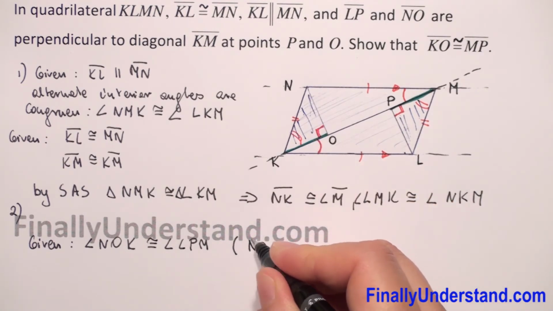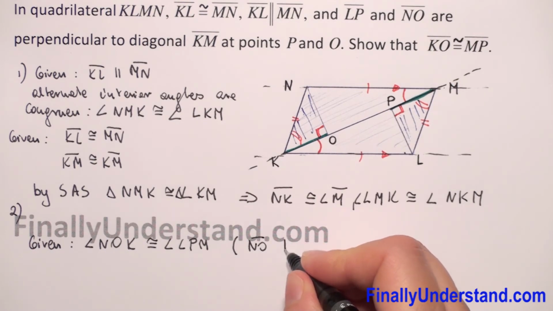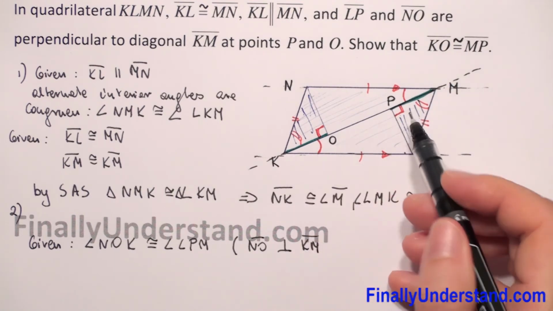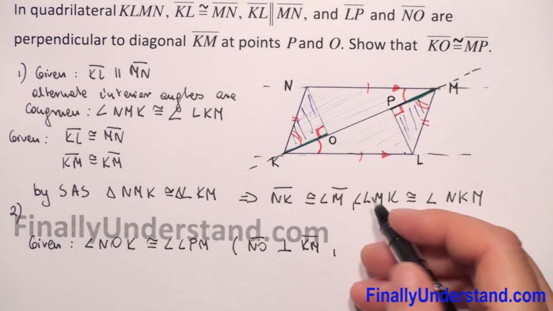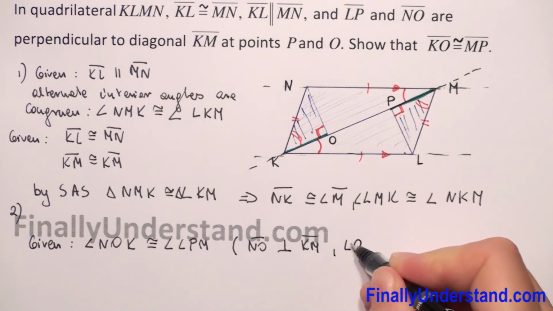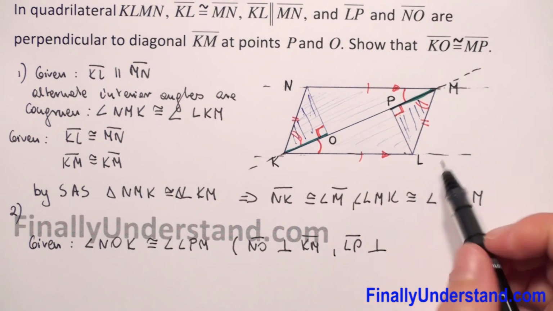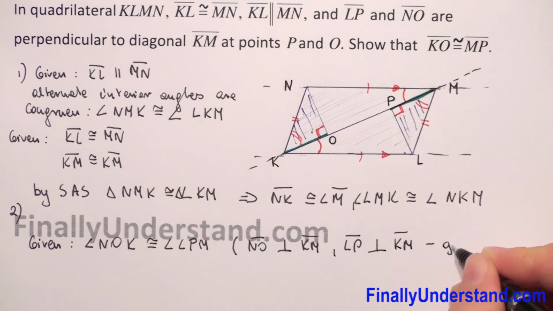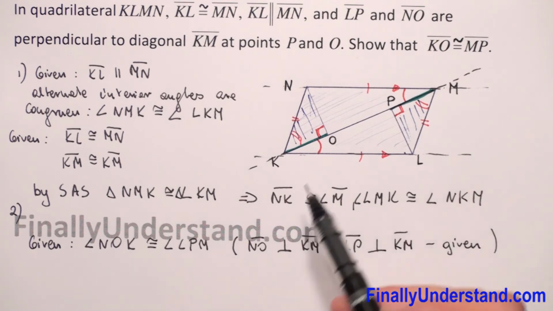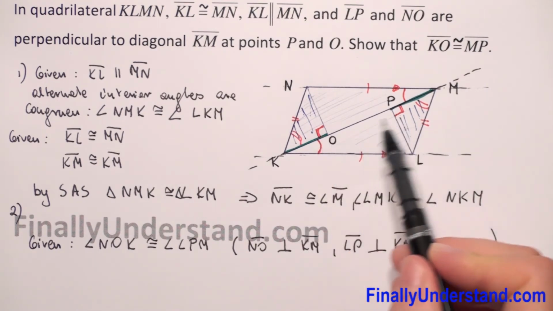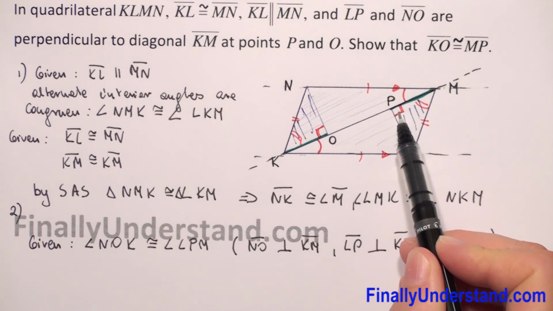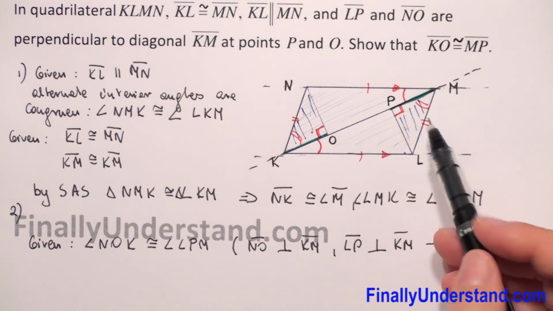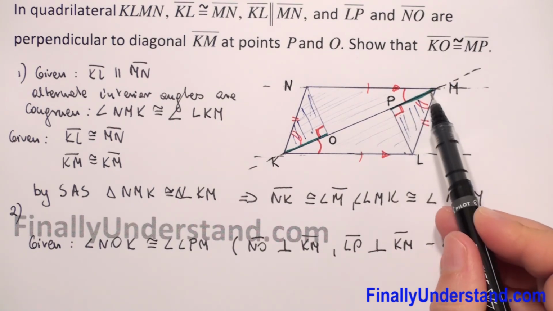NO segment is perpendicular to diagonal KM, it was given, and also LP segment is perpendicular to KM segment. This was given. So we have that these two angles are congruent, and we have also that angle NKM is congruent to angle LMK.